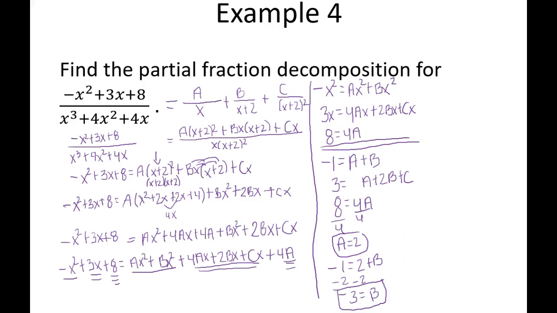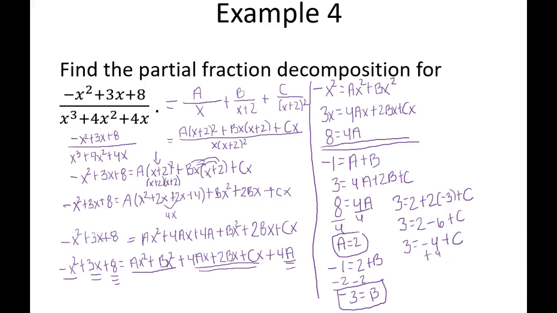And now I can take my a and b and plug them into my middle equation right here and figure out what c is. So let's see. 3 is equal to 2 plus 2 times -3 plus c. So 3 is equal to 2 minus 6 plus c. So 3 will be equal to -4 plus c.